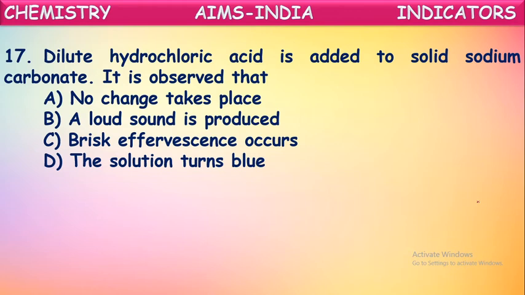We know when hydrochloric acid reacts with sodium carbonate, they form sodium chloride salt and water, and along with these two, carbon dioxide gas is also evolved. Because of the evolution of carbon dioxide gas, brisk effervescence is produced.